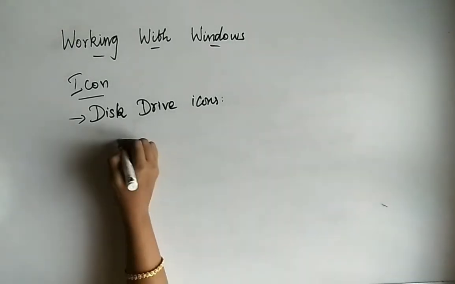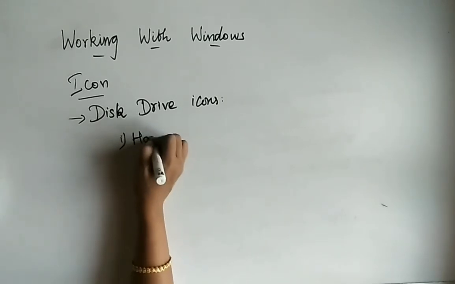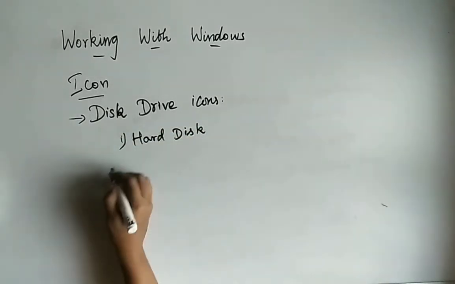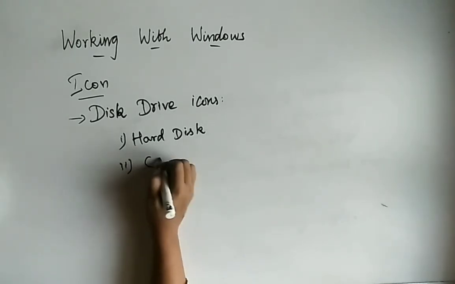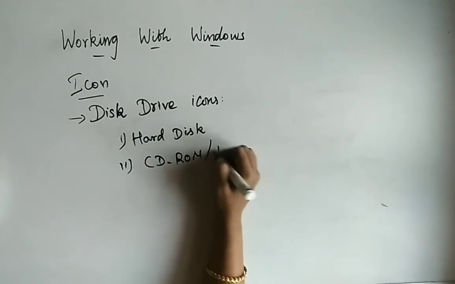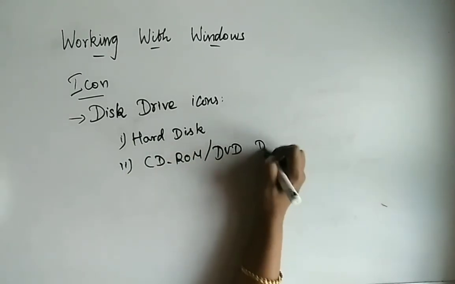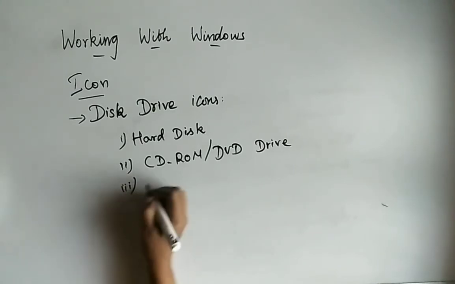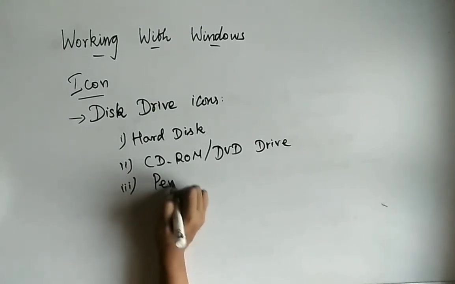The first one is your hard disk. The first icon represents the hard disk, okay ma'am? And the second one is your CD-ROM, that is your CD player, or you can have a DVD drive. The third one is your pen drive.